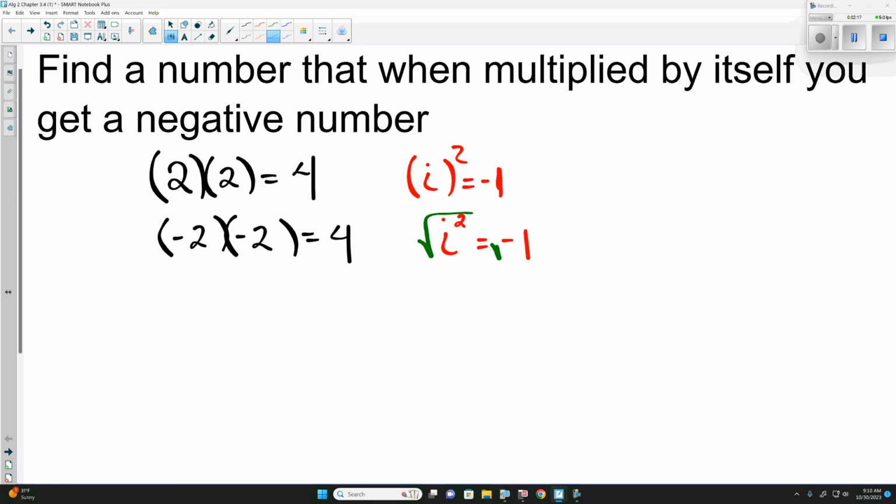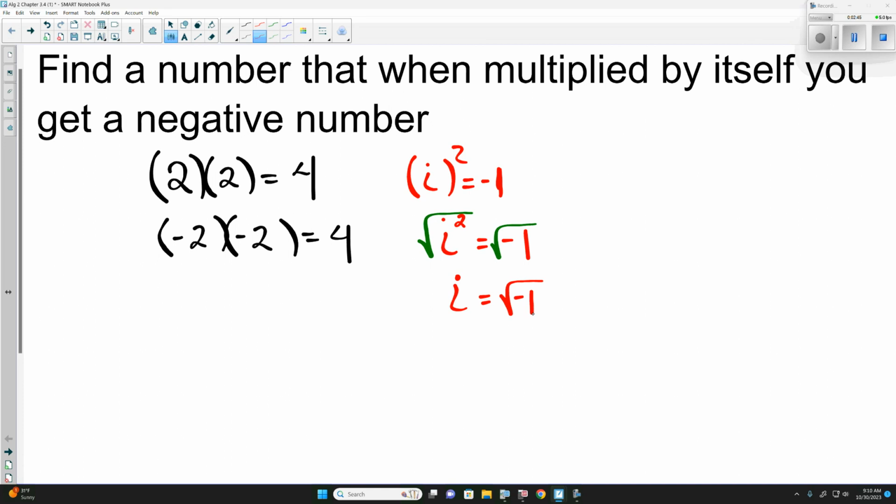So the square root of i squared would be i, and it's equal to the square root of negative 1. We wouldn't consider the plus or minus case. And actually, this is what i is. i is the square root of negative 1.